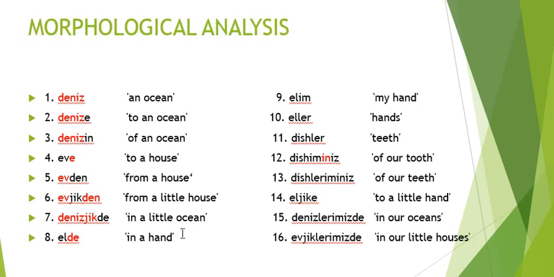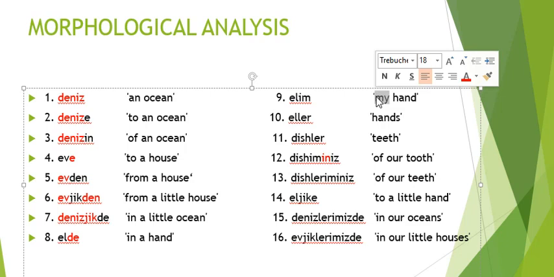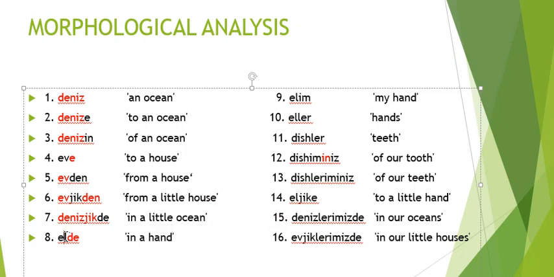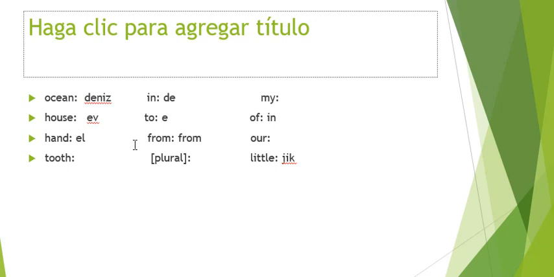Okay, let's look for the morpheme representing the possessive pronoun my. Why my? Because now you know that hand in Turkish is what? Hand in Turkish is el. Okay, el. You see here, hand is el.